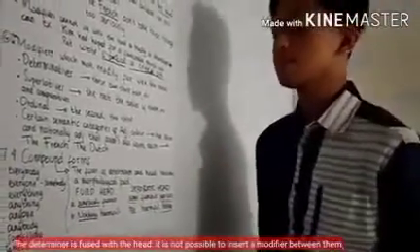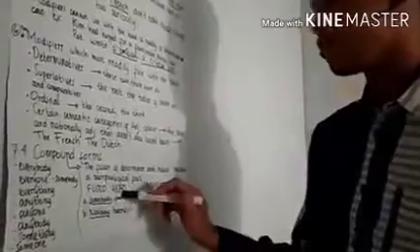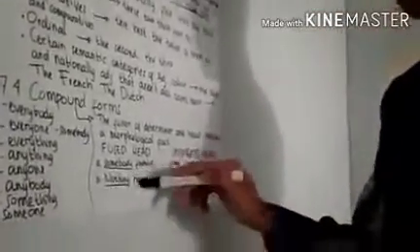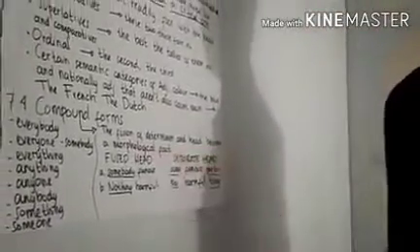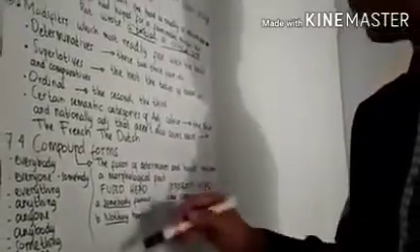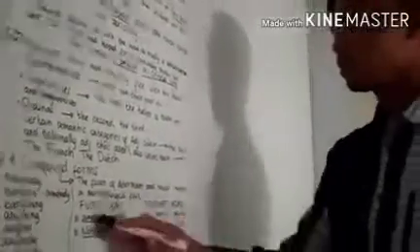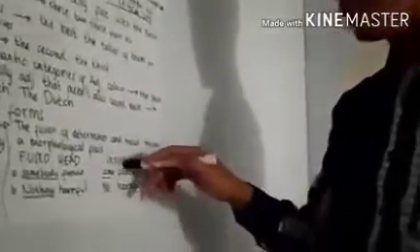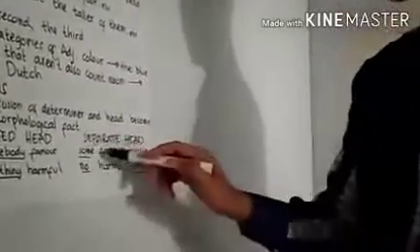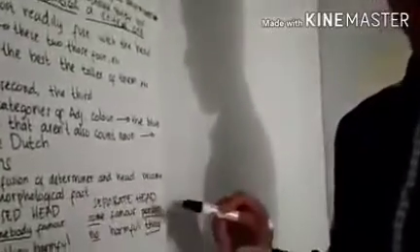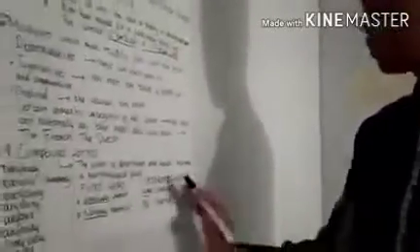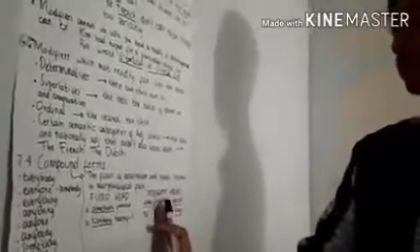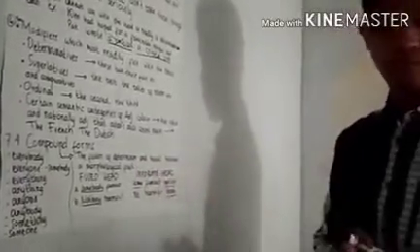For example, somebody famous, nothing harmful. Here there's no modifier between them. But if we split the head, some famous person, no harmful thing, we put a modifier between them, and then we split it.